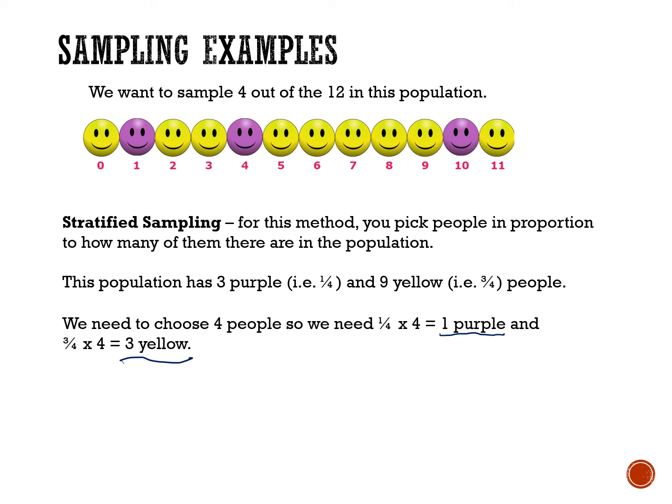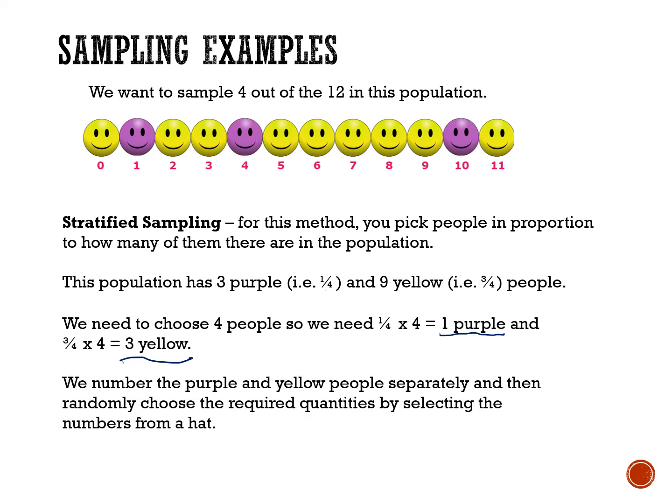The question might then say, how would you do that? Well, I would number my purple ones 1, 2, and 3, and randomly pick one of those. I would number my yellow ones 1, 2, 3, 4, 5, 6, 7, 8, 9, and again randomly pick 3 of those to give me the ones that I want to use for my sample.